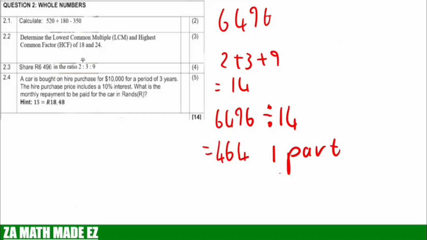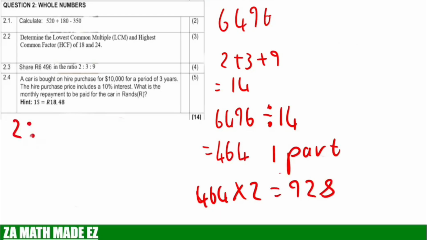So if you want to find the 2 part, we must times this 464 by 2. 464 times 2 is equal to 928. So the 2 is 928. Now we take the 3 and times it by 464. That would be 1392.